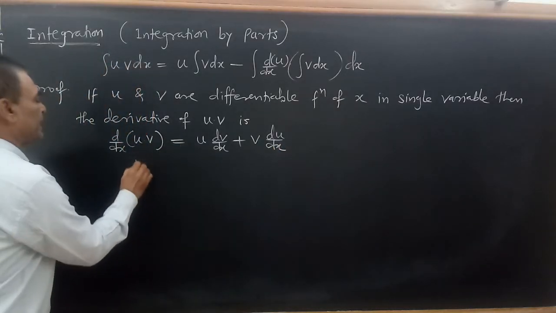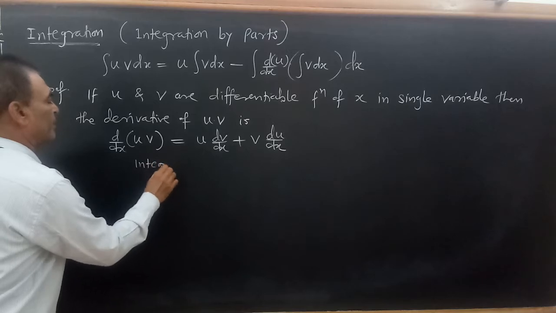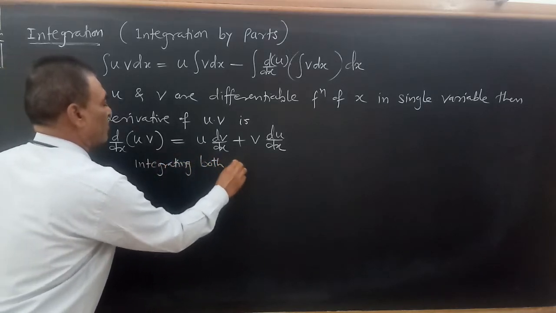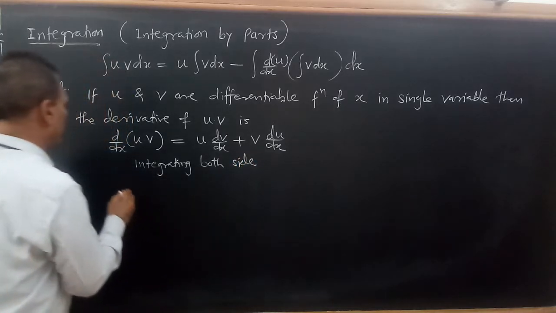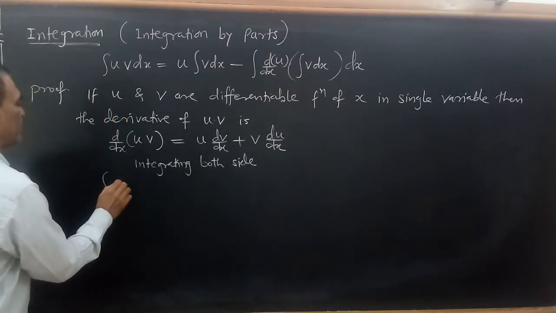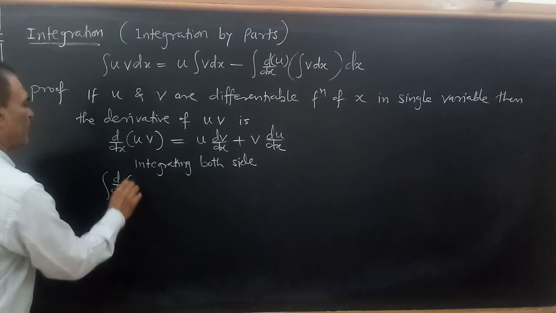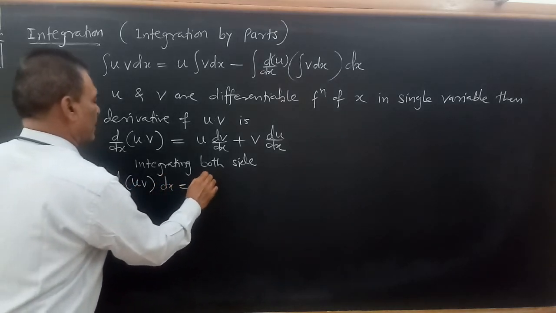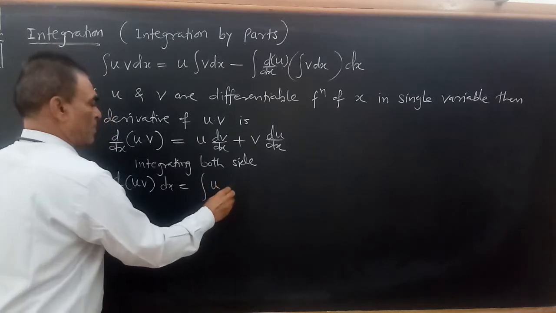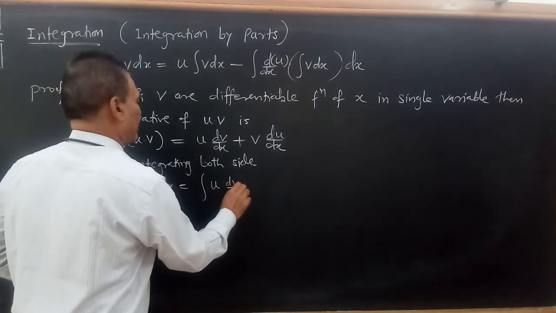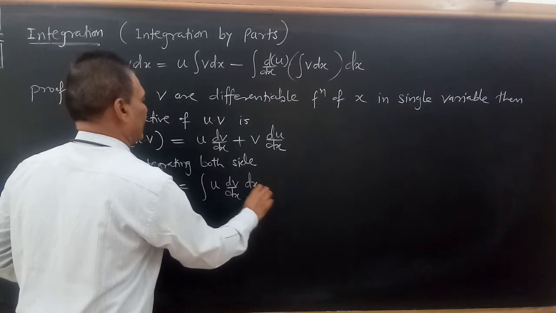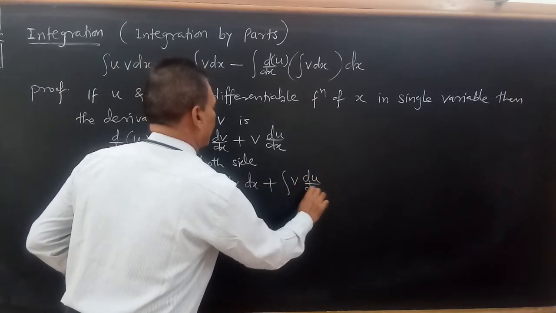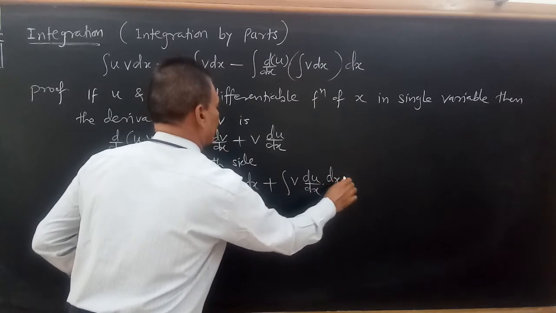Okay, then integrating both sides, we get integration of d by dx of u v into dx is equal to integration of u into dv by dx into dx plus integration of v into du by dx into dx, with respect to x.